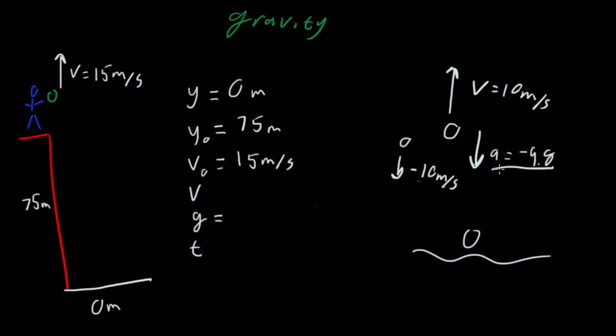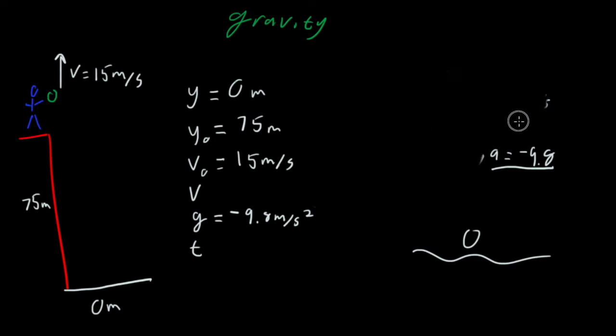They will both get this same acceleration. It makes no difference which direction they're moving. And so whenever I have something moving through the air, it's going to have that negative 9.8 meters per second squared for an acceleration. So now that we have all of that information, let's set up a formula.